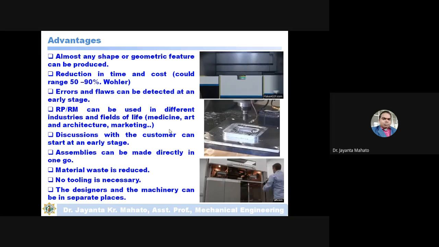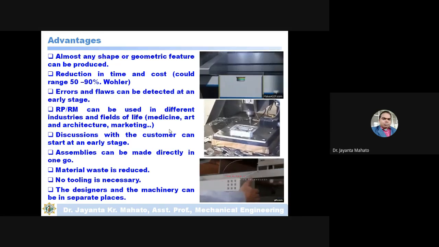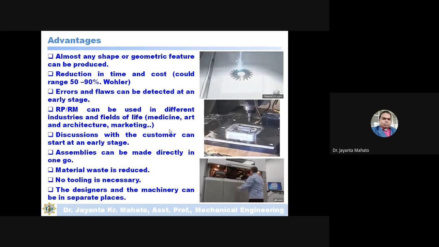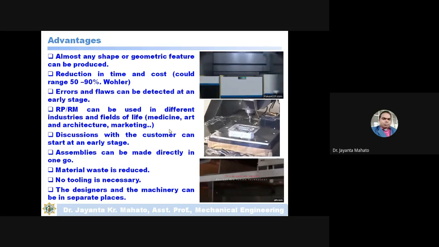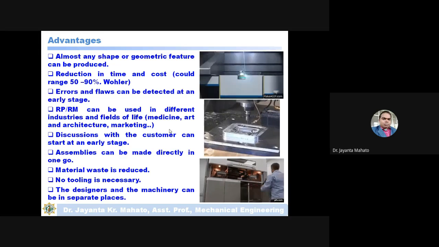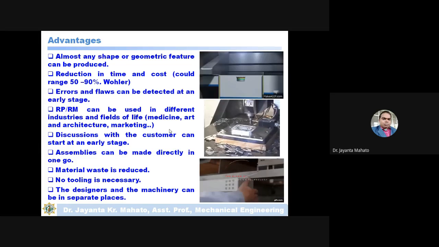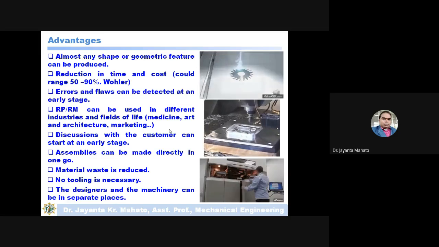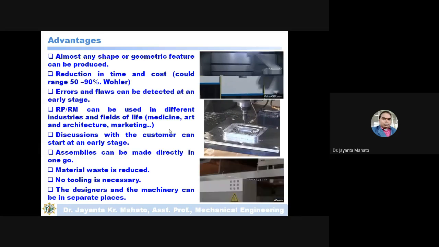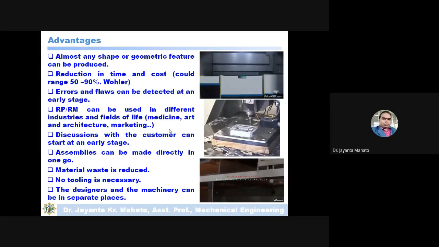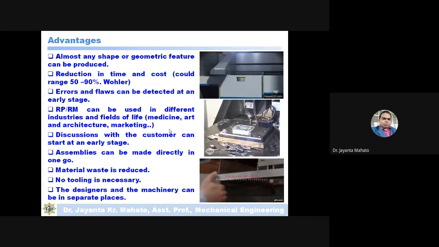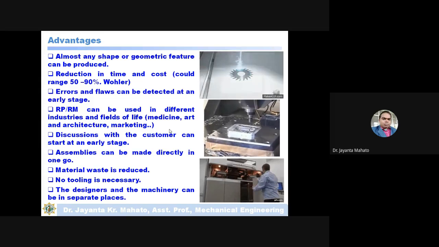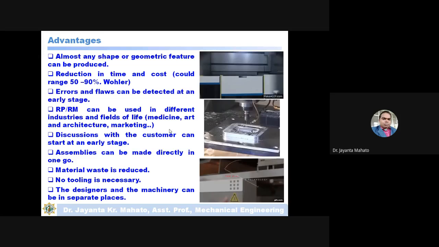Means designers can design from their home or from their office, and by just linking the CAD software with the machine, the machine can work from the designer's office.